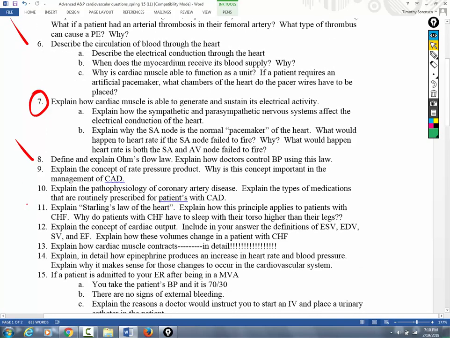Explain Starling's law of the heart, explain how that principle applies to CHF, done. 12, cardiac output. Cardiac output is heart rate times stroke volume. Just write that down. Explain how cardiac muscle contracts, boom. I will do that. 14 I will do. 15 I did.